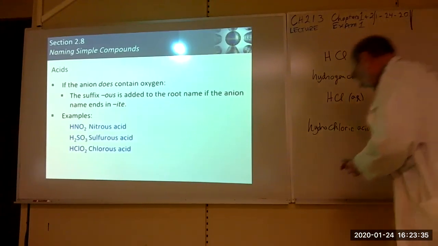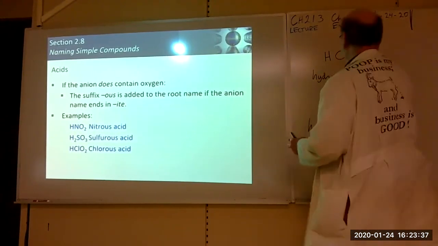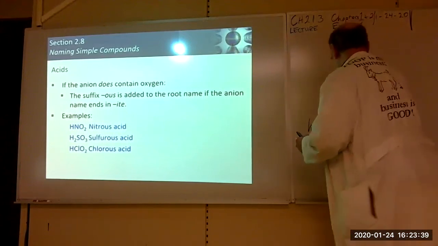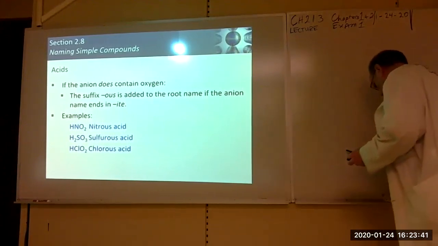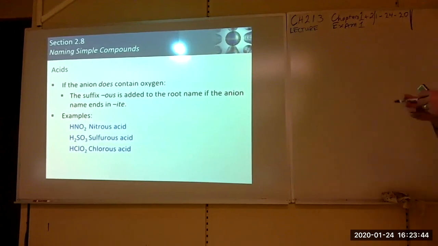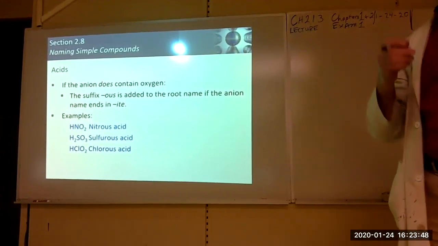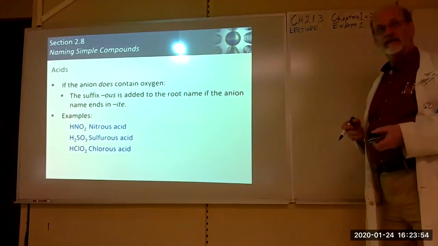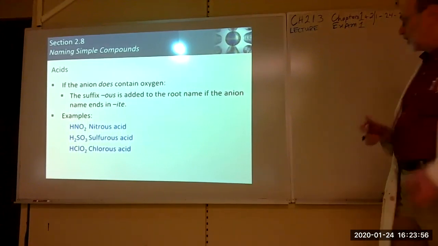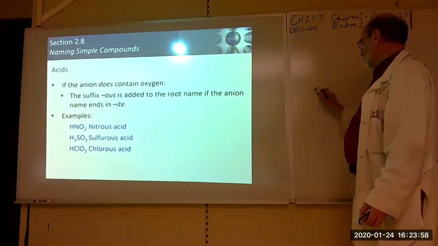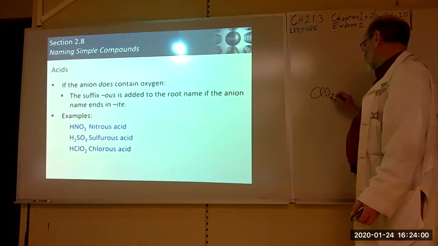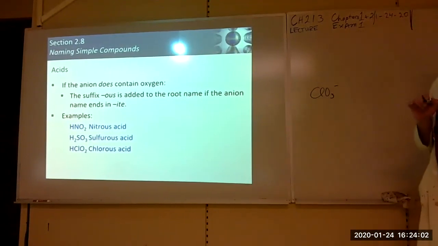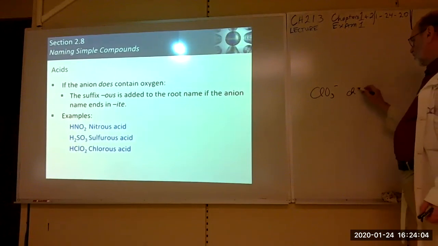All right. There's one other trick so that you won't have to memorize so many. There are some groups of polyatomics that make acids, and they're like a homologous series, we call them. One of them is chlorine combined with oxygen. So I start with this one, ClO3 minus. This is chlorate.